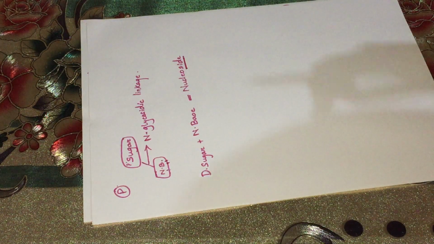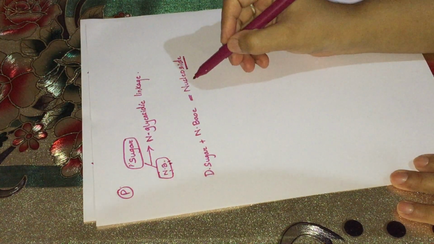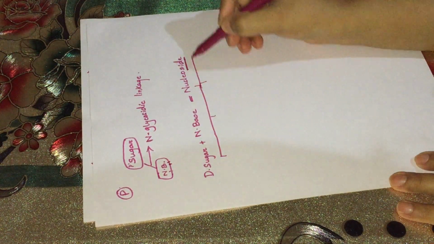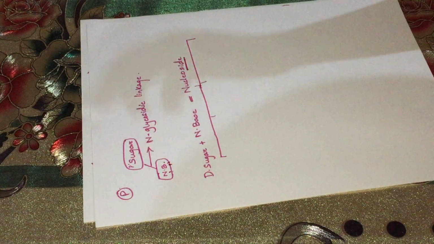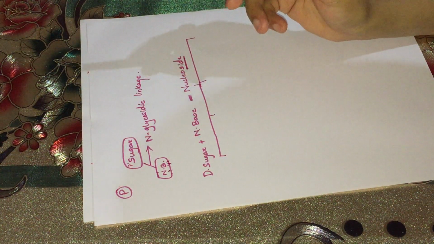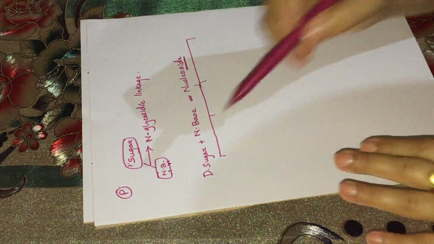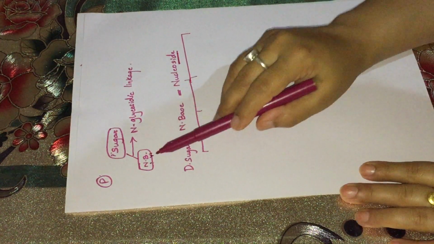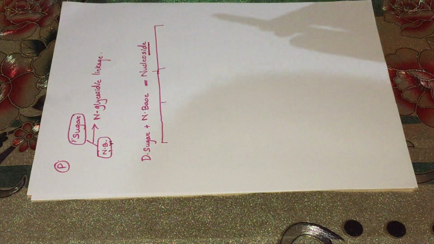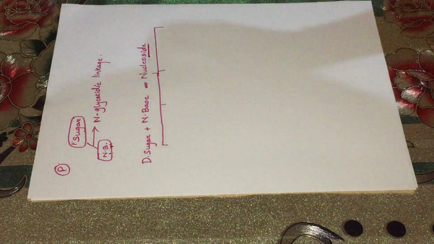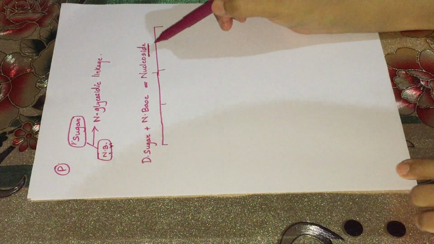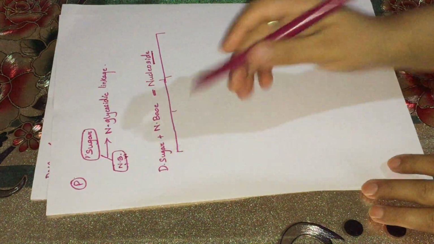Now this nucleoside can be of four types. Why can it be four types? Because our nitrogenous base can be any: adenine, thymine, guanine or cytosine. Depending on which nitrogenous base is linked to the pentose sugar, the nucleoside can be of four types.